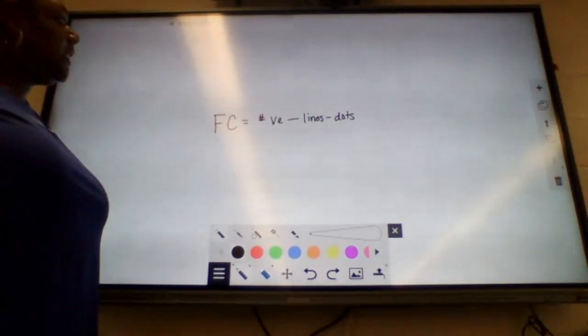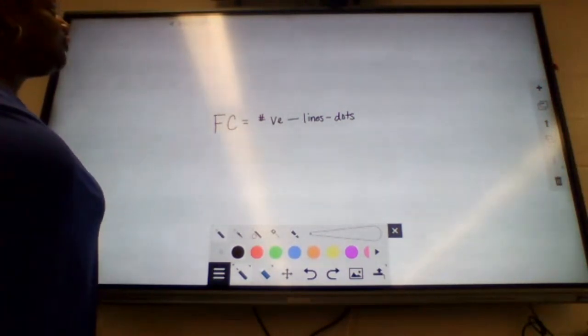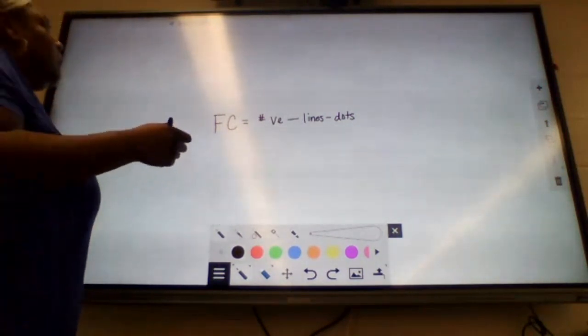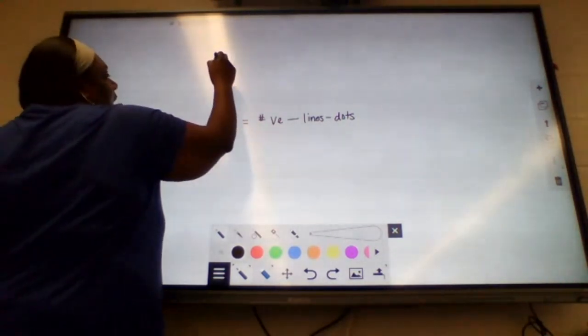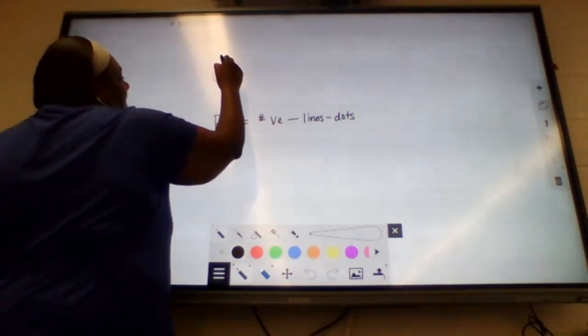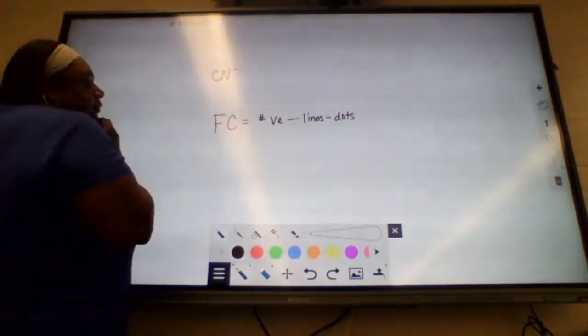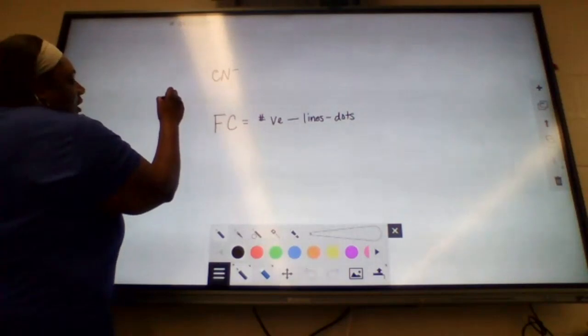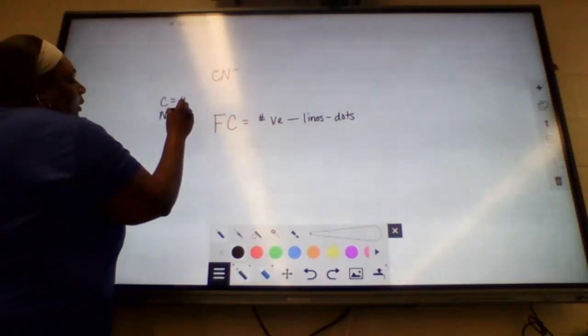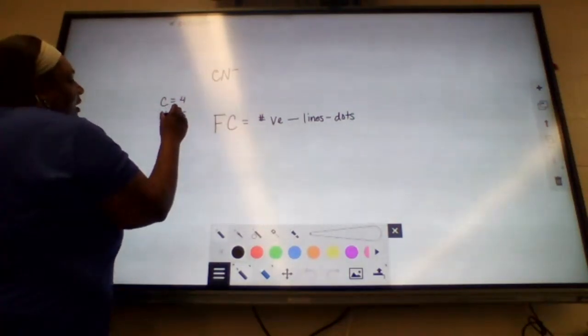So let's draw the Lewis structure for something we haven't done yet. Let's do CN negative. When I calculate my valence electrons, carbon has 4, nitrogen has 5.